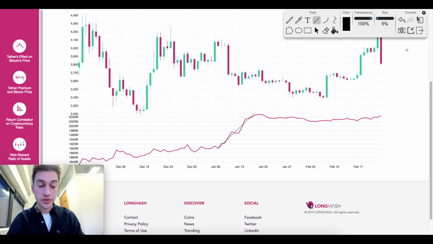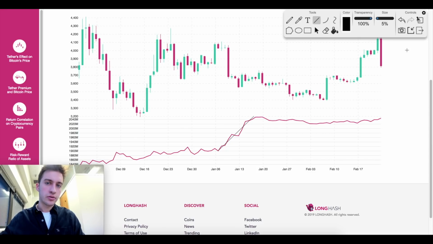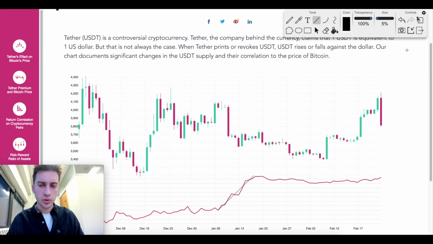Some traders are going to tell you that printing Tether does this, or revoking, which is when they take some Tether out of the circulating supply, has a massive effect on the price of Bitcoin.